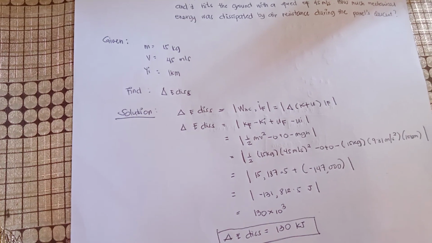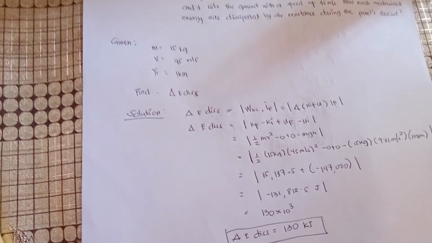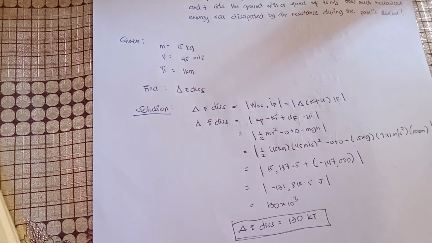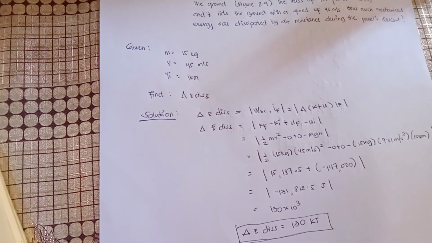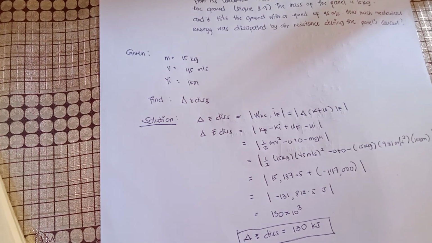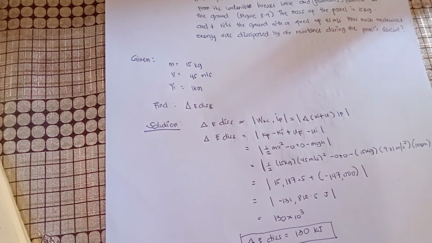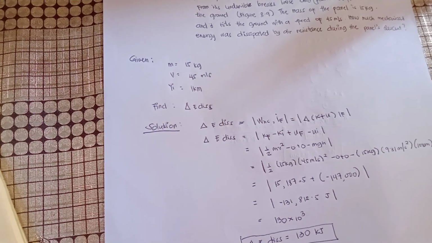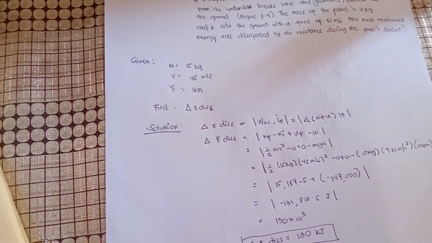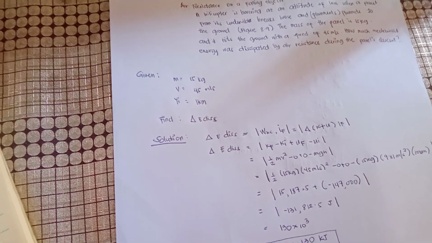These are the given values. In this problem, we only investigate one body. There are two forces: gravitational force, which is a conservative force, and air resistance, which is a non-conservative force that does negative work on the panel.